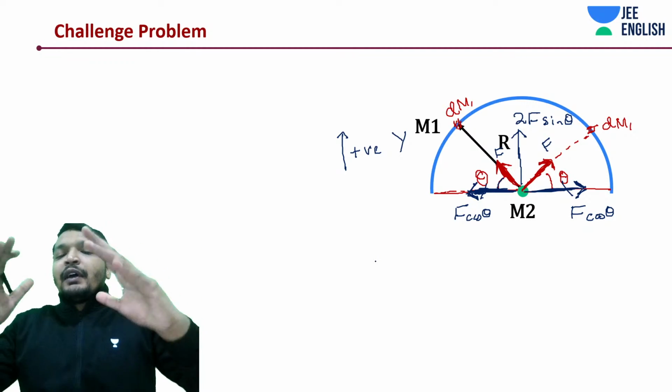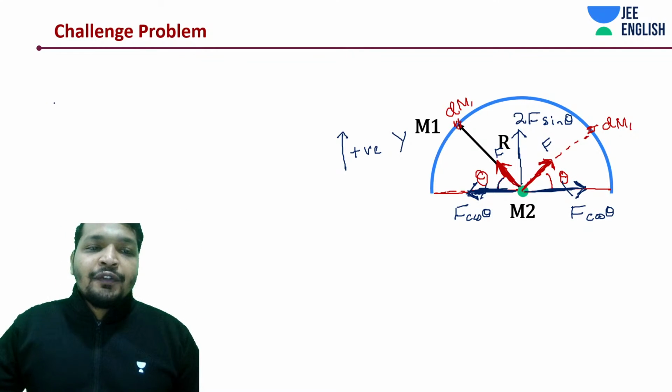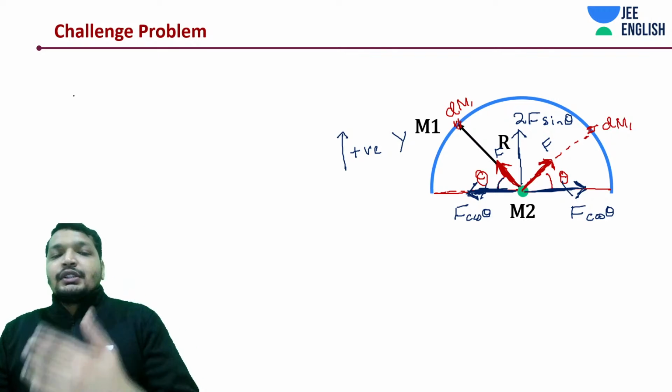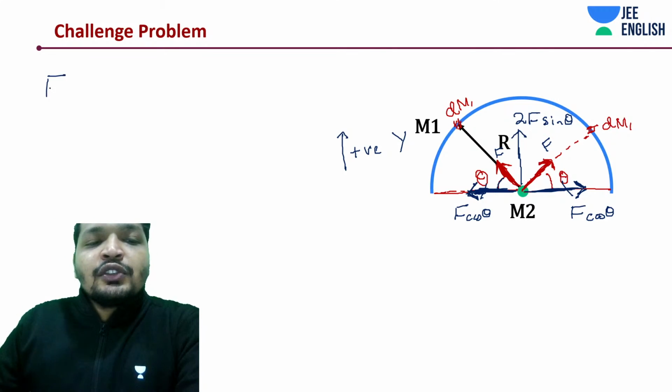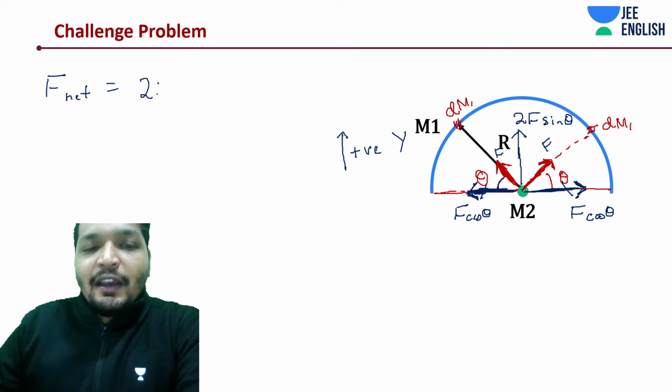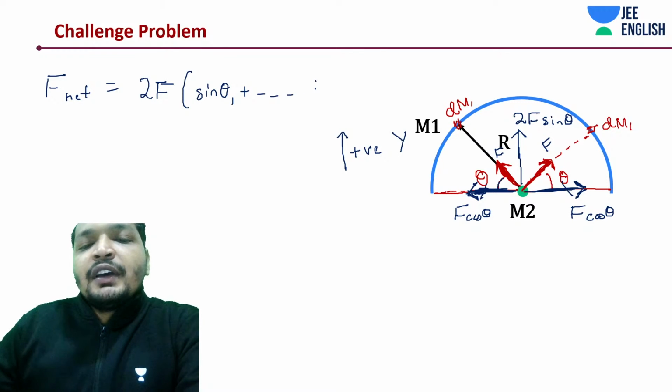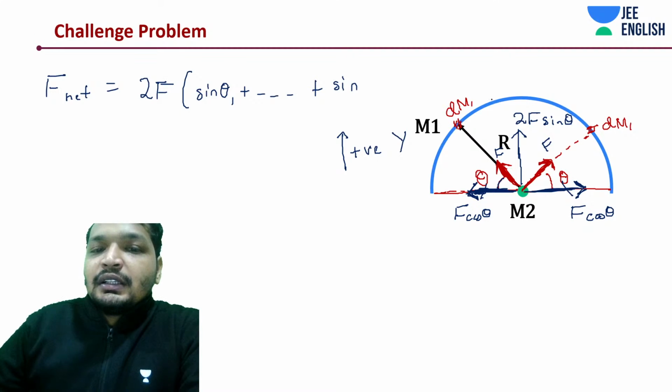Of course, you have to add for different theta: theta 1, theta 2, theta 3. You will keep adding the forces. The net force is going to be the sum over theta 1, theta 2, theta 3. There will be some 2F which is going to be constant, and you'll be adding sine theta 1, sine theta 2, and so on, up until sine of 90.